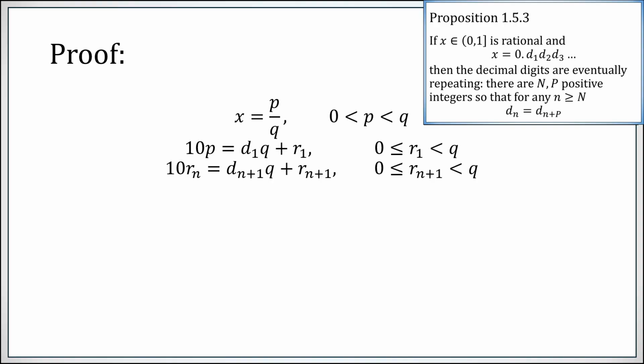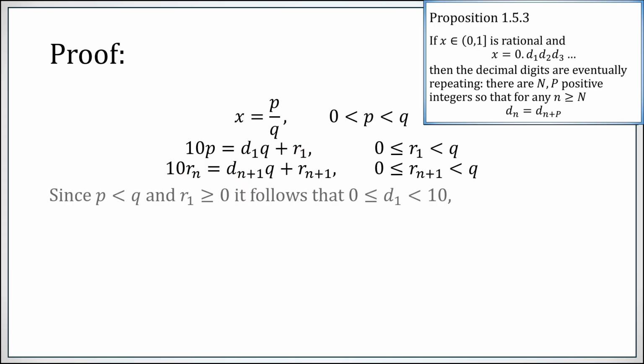So we have x is p over q, both positive, p is less than q, and we've constructed our di's according to this inductive procedure. Here's how we pick d1 and r1. Having picked a given r, this is how you pick your next d and your next r. Since p is less than q and r1 is bigger than or equal to 0, your remainders can't be negative, it follows d1 can't be as large as 10, otherwise you would have 10p equals 10q, from which you would get p equals q, contradiction.